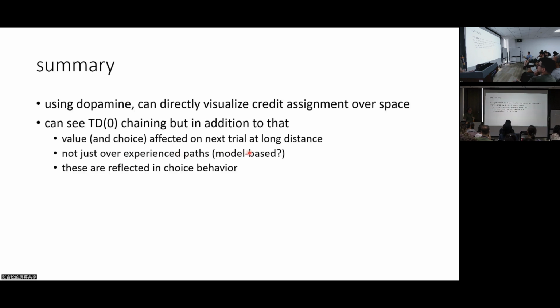And so this looks like a signature now, not just in rodents' choices, but in the rodent's brain, of model-based credit assignment over the map. And next time we'll talk about how that works in the brain.